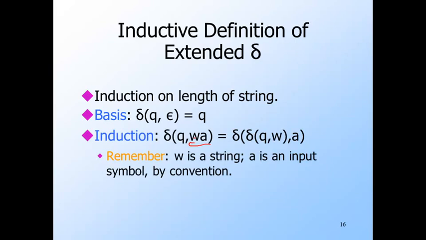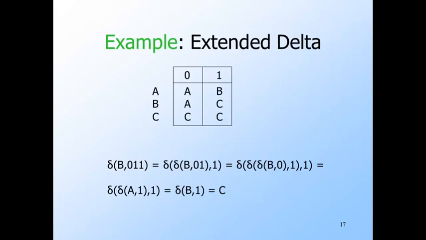The inductive rule says that we first see where you get to from state Q on string of inputs W. That would be delta of Q and W. And then you see where you get from that state, whatever it is, on the last input A. In this example, 0, 0, 1 is split into W, which is 0, 1, and A, which is 1.